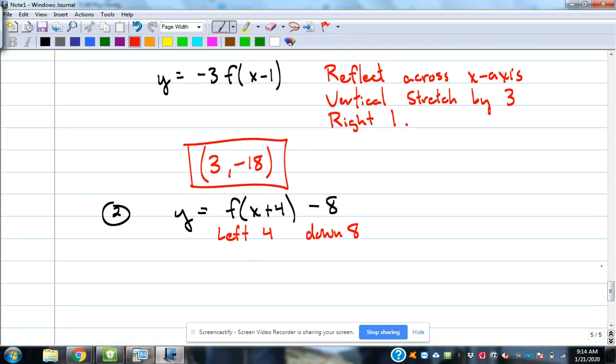So what's left 4 from 2? -2. And then down 8 from 6. It'd be a -2 as well. So the new ordered pair is at -2, -2.